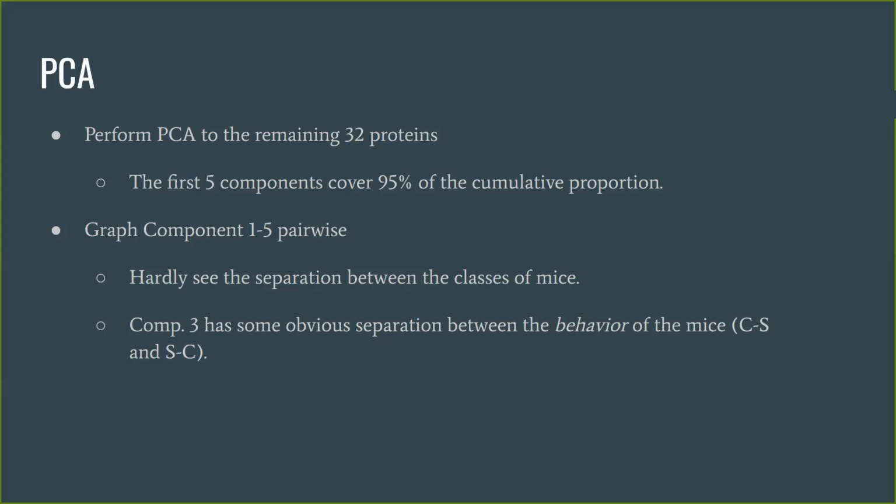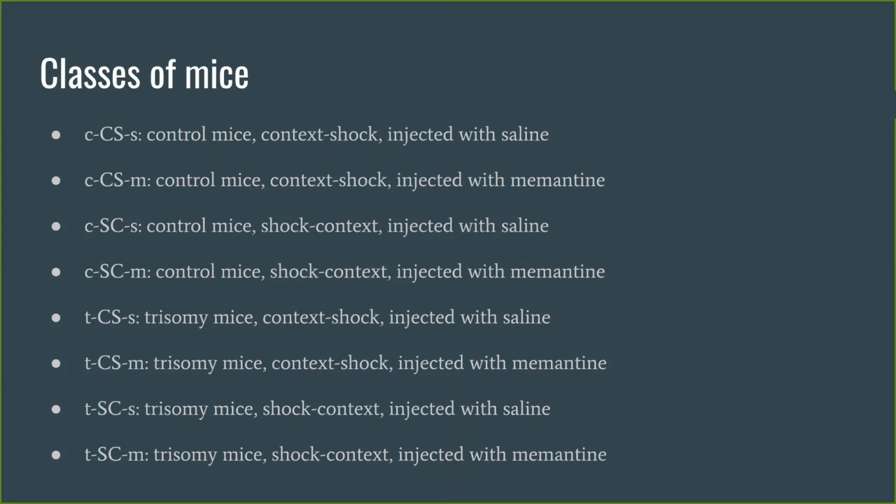CS and SC. Okay, so all the mice can be grouped into either CS or SC, right? Yes. Because I think the 8 classes are kind of like subclasses, right? That contain CS and SC, isn't it? Yes. So there are 3 variables, which are behavior, treatment, and genotype, and each variable has 2 different levels.